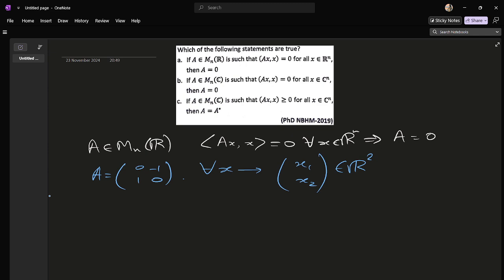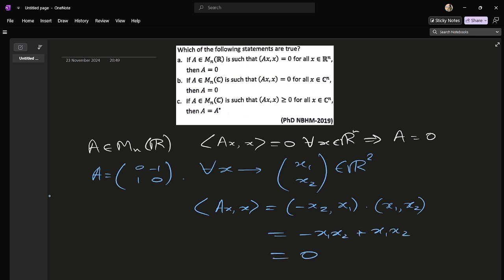Then we have our inner product Ax, x, which is equal to (-x2, x1) dot (x1, x2). That will be minus x1 x2 plus x1 x2, equals 0.